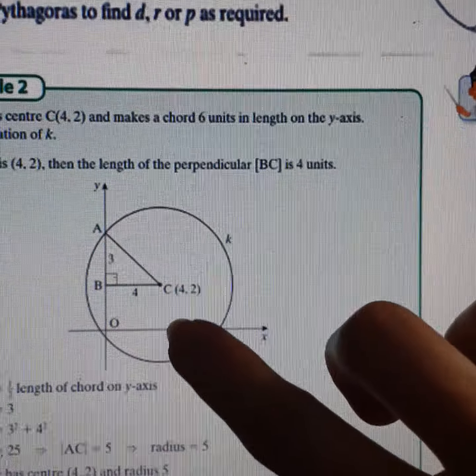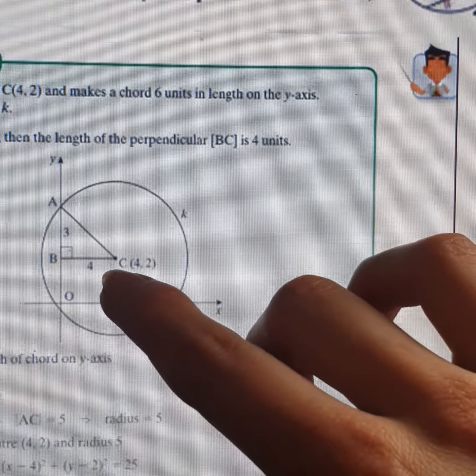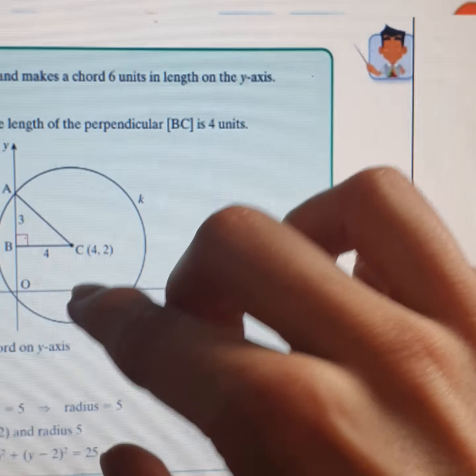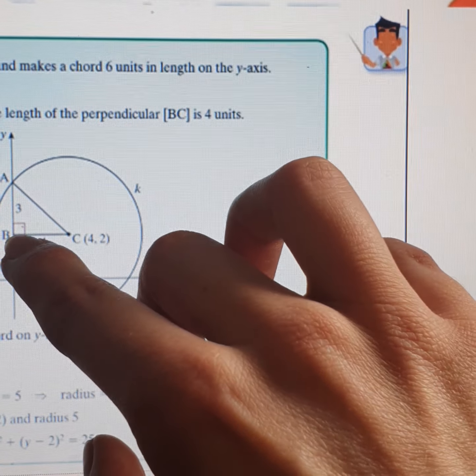We get that from the center point, where x is 4 and y is 2.